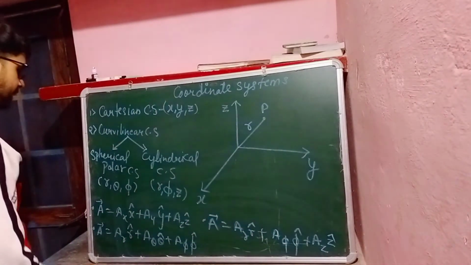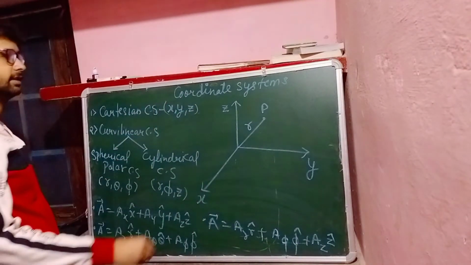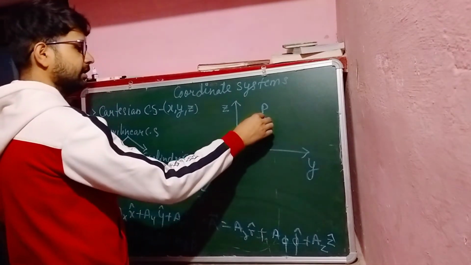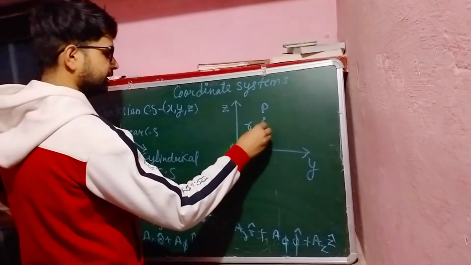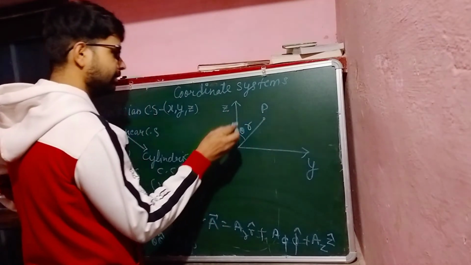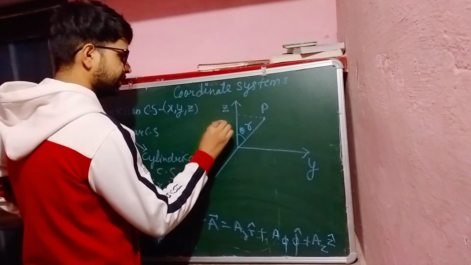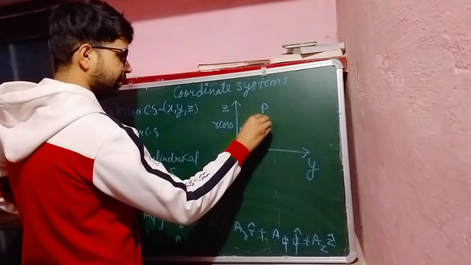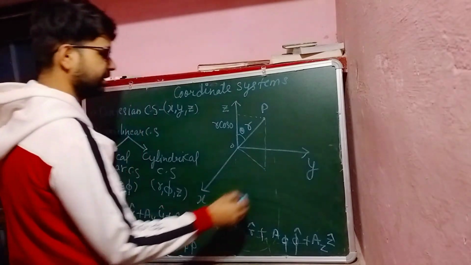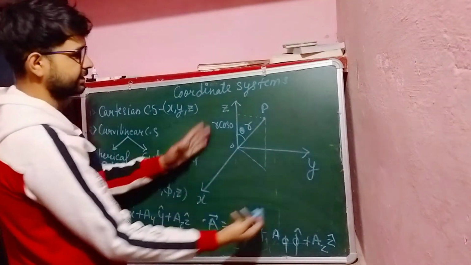So let us see what r, theta, phi is. r is the displacement of that point from the origin, and this angle from the z axis is known as theta. If we draw this line, it becomes r cos theta. If we draw the projection of r in the xy plane, this is the x-axis, this is the y-axis, and this is z.